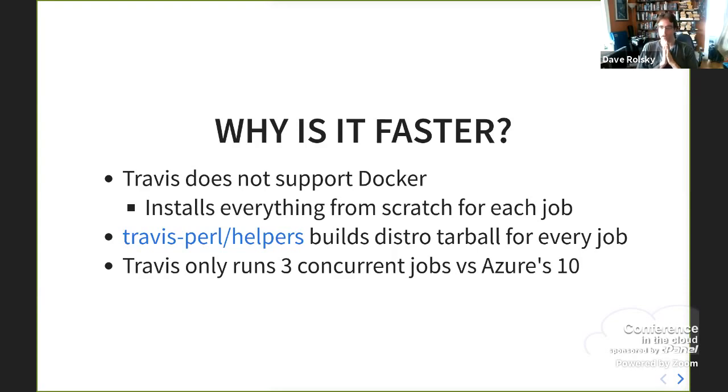Andy is asking, what does Azure do that Travis doesn't, especially if you're using Travis already? Well, the big thing for me that would make me want to switch is it's much, much faster. I found the time it took to finish Travis runs really annoying. That said, is there anything you absolutely cannot do in Travis? Well, Docker, but because Travis runs everything in VMs, you probably can run Docker on those VMs.